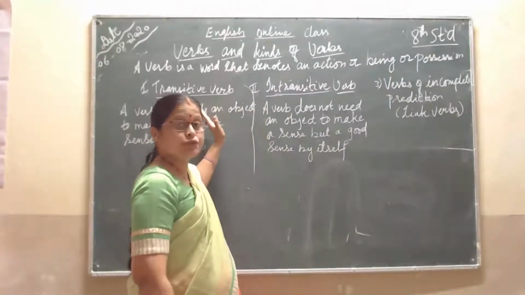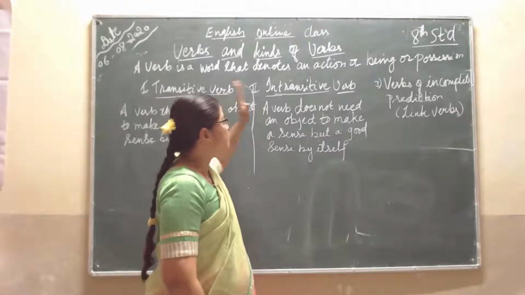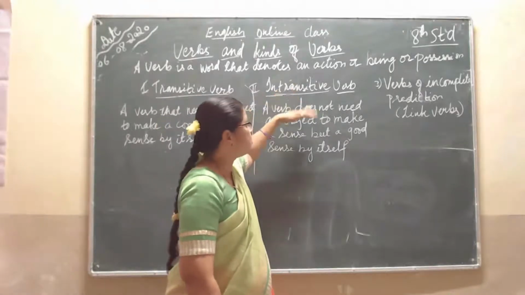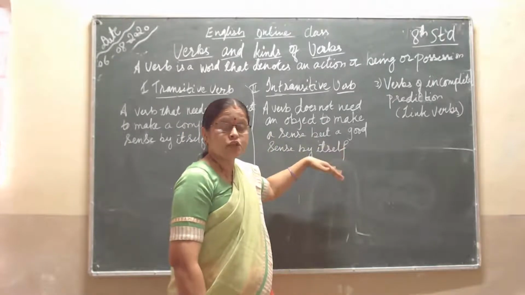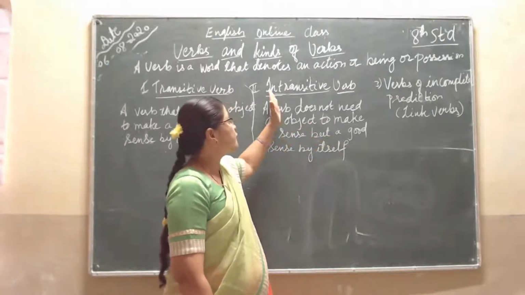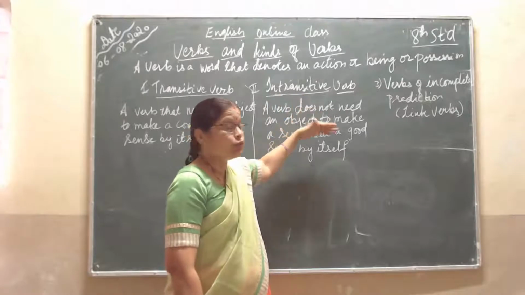In the transitive verb, an object is needed, but in the intransitive verb, it does not need an object to make a complete sense. There is no necessity of any object for the intransitive verb.